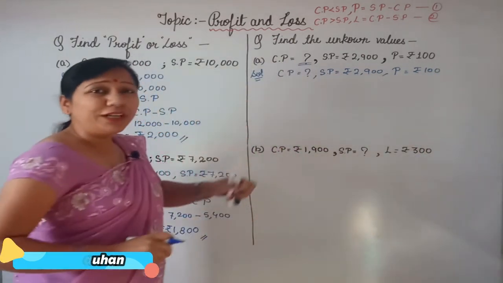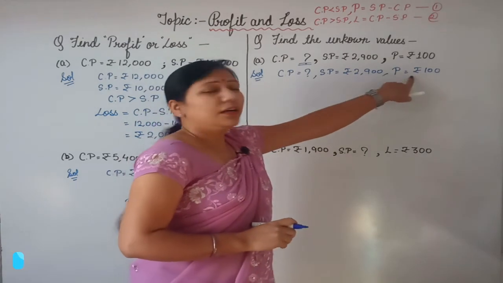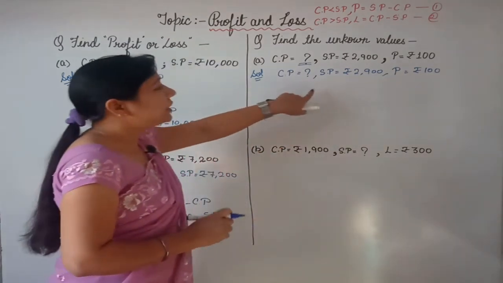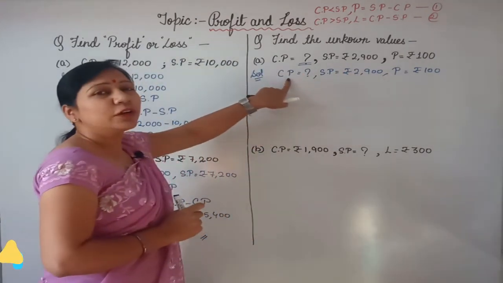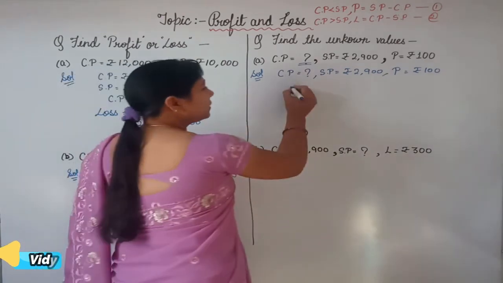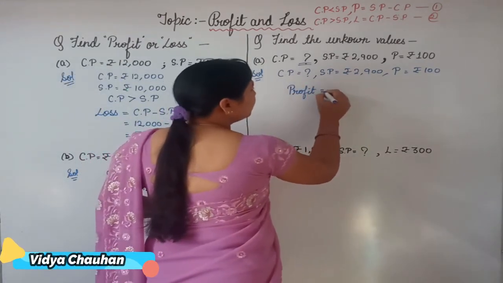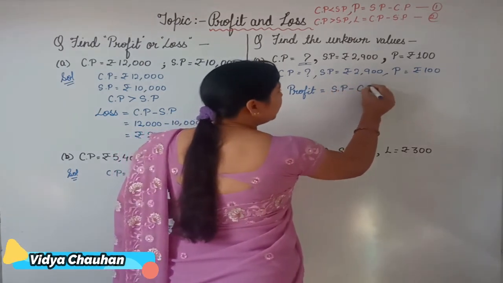Since profit is given, that means in this transaction the shopkeeper or the person got a profit, so we will be using the formula of profit to find the value of cost price. So what is the formula of profit? Profit is equal to SP minus CP.